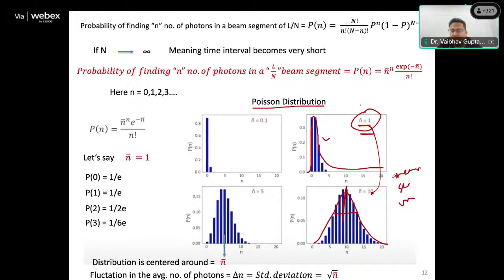And variance is nothing but the square of standard deviation. So standard deviation is under root of the mean value. For the Poissonian case, the standard deviation will be equal to the under root of the mean value. So that is the typical feature of this Poissonian distribution, right?